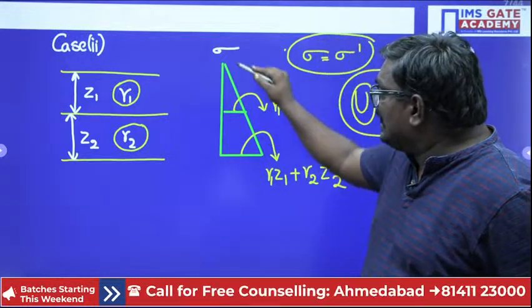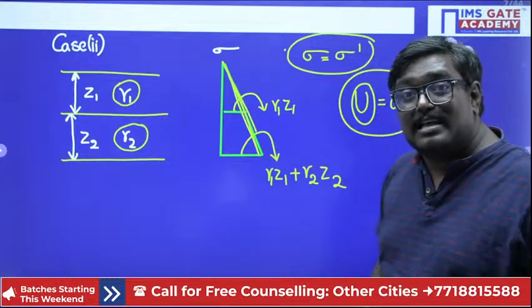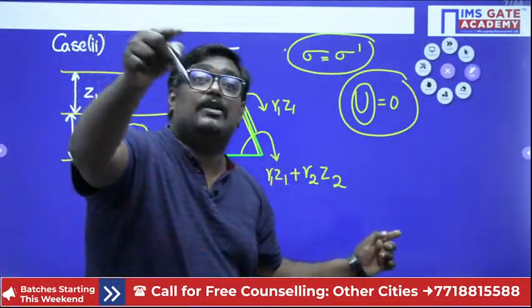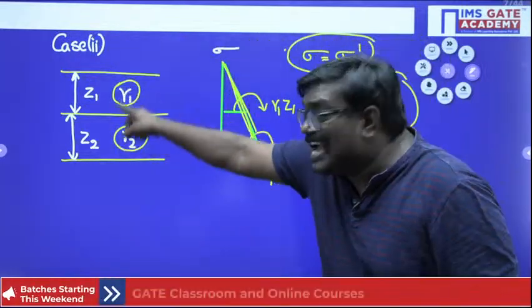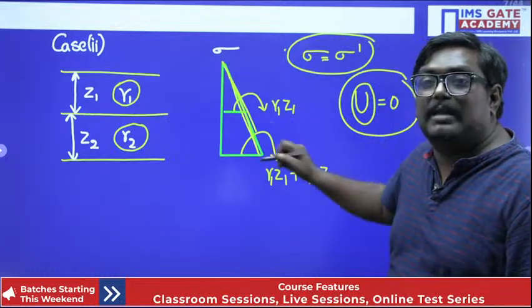Now, if you see the diagram, the slope is shown the same. That slope will be the same only if the unit weight is the same. If the entire soil has the same unit weight, then the slope can be the same.